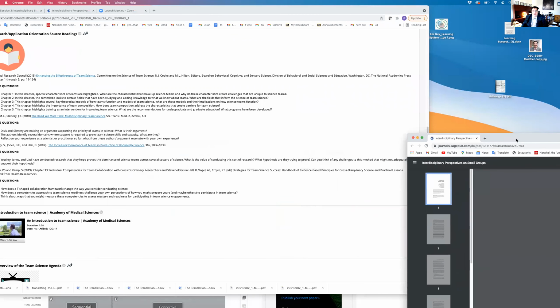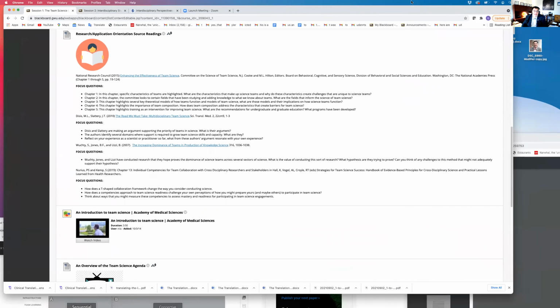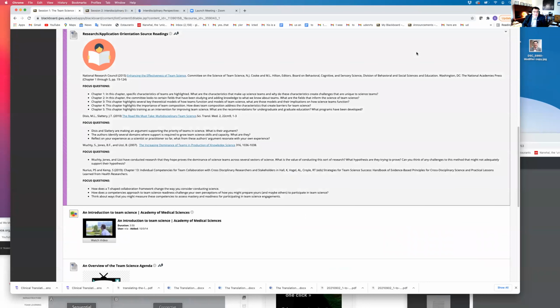So in each case, the authors make a case for why it's important to take very seriously what we get out of multidisciplinary team science.